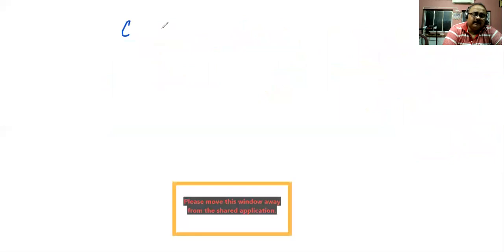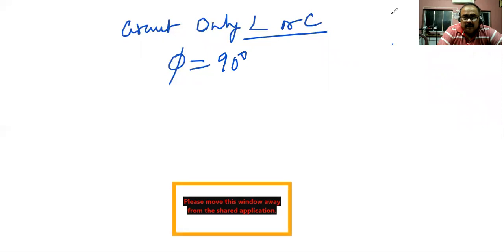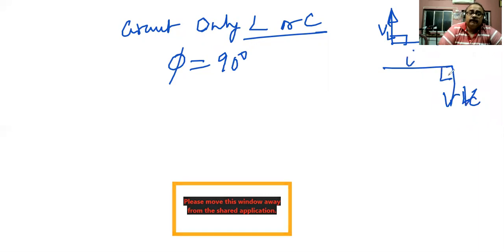So when the circuit is containing only C or L, what is phi? Phi equal to 90 degrees. You remember, in case of pure inductor, the potential leads current by pi by 2. We have already done that. And in case of pure capacitor, your VC lags current by pi by 2.